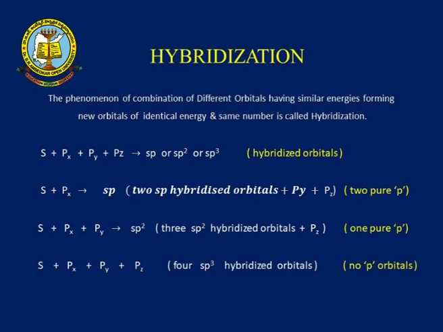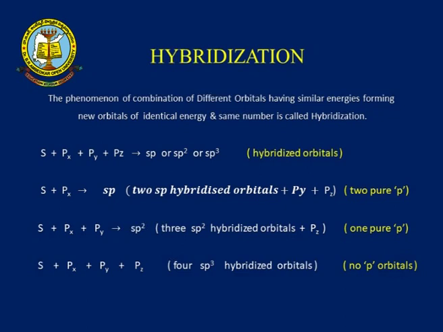Here in Sp hybridization, 2 are combining, producing 2 new orbitals having same energy, and the remaining 2 P orbitals are unhybridized. They are left like that. Then coming to Sp2, 1 S and 2 P's are combining, producing 3 new Sp2 hybridized orbitals, and 1 Pz is left unhybridized.